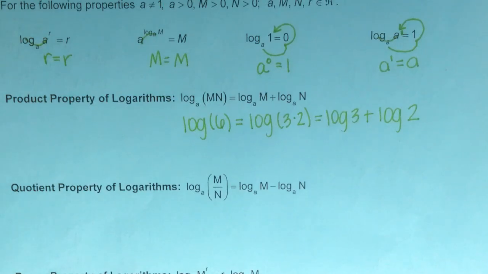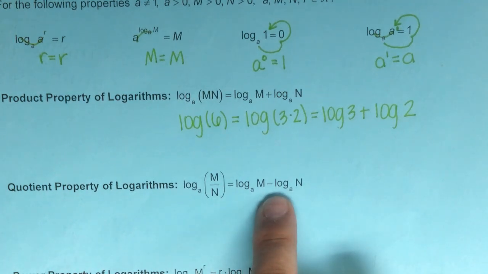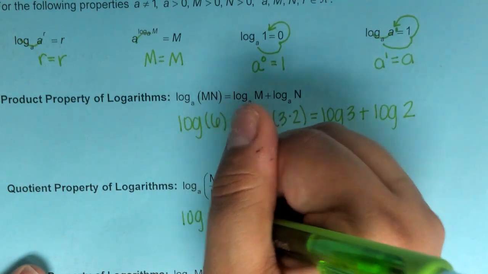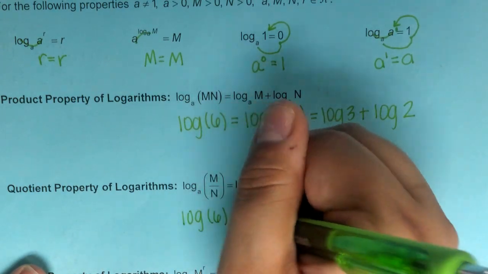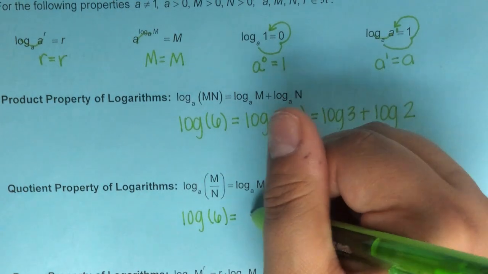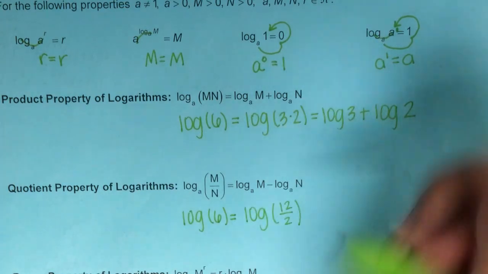The quotient property. If I am dividing two numbers, what can I do with the logs? Separate them and subtract. So again, if I have the common log of 6, but I want to divide this time, what can I divide to get 6? 12 and 2. So I'm going to say the common log of 12 divided by 2.